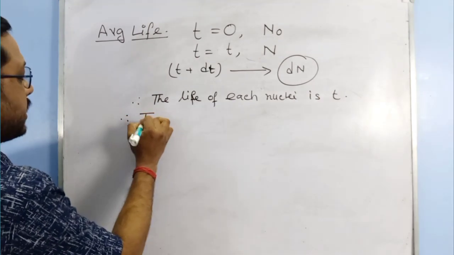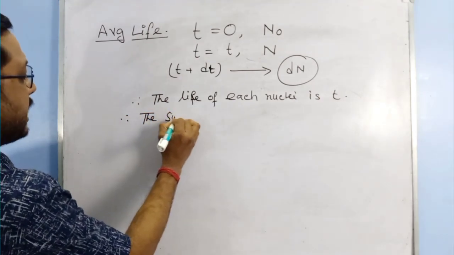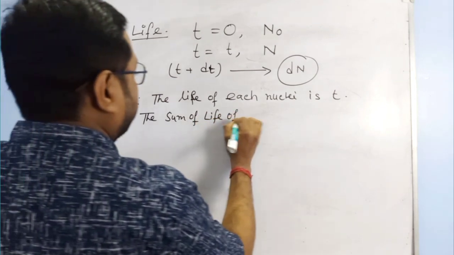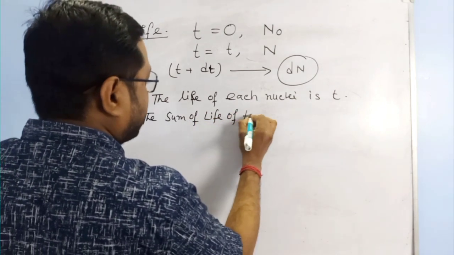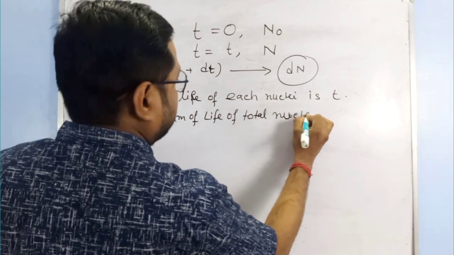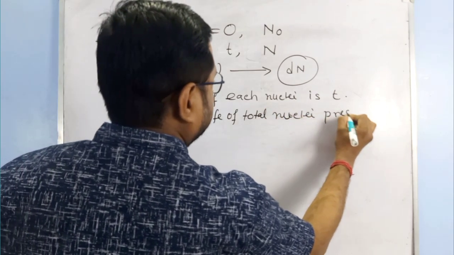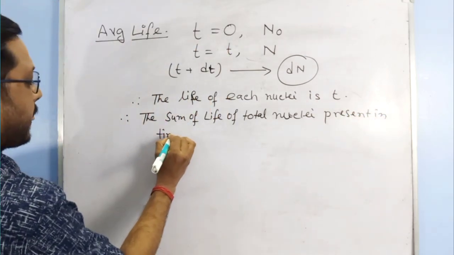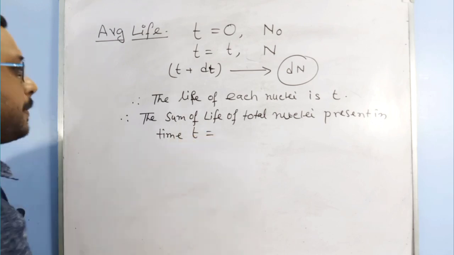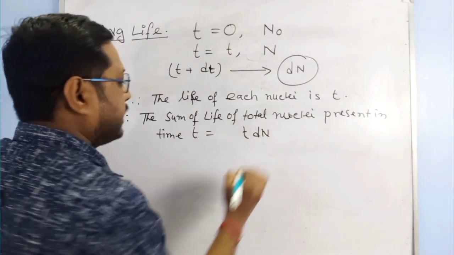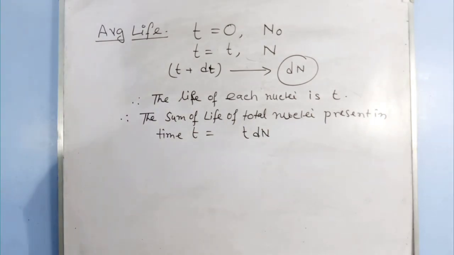So, the sum of the life of the total nuclei present in time t is equal to t into dN.